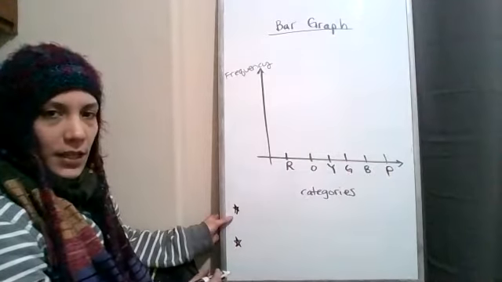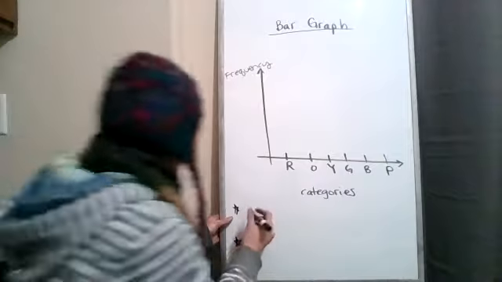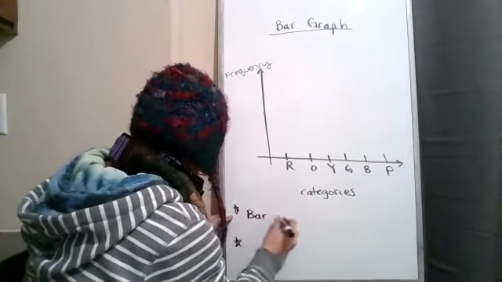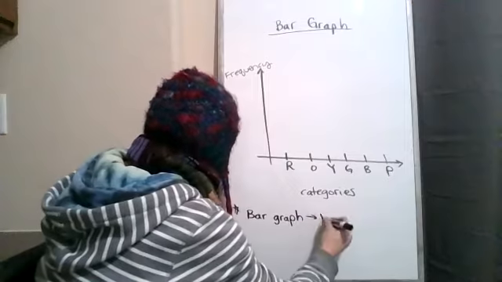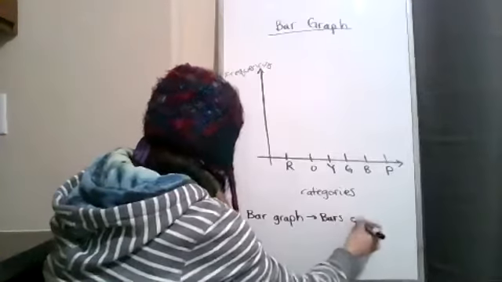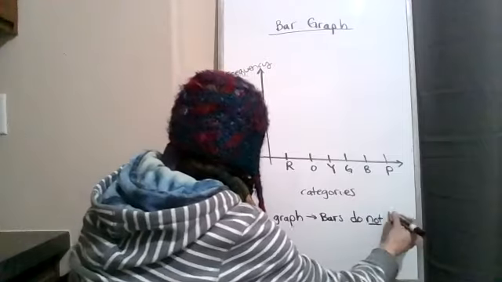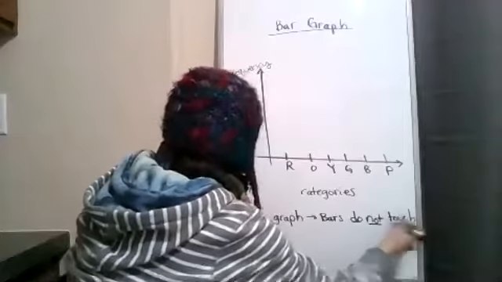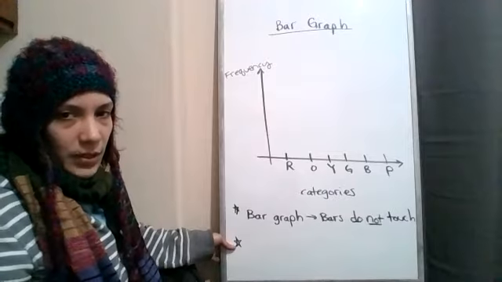Okay, I forgot to mention that if you have a bar graph, bars don't touch. For a histogram, the bars touch.